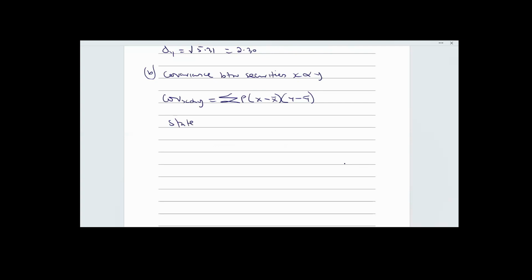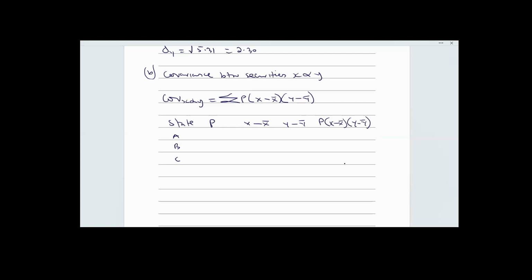There are three states of nature: state A, B, C. I need to create a column for the probability, then a column for X minus X bar, a column for Y minus Y bar, then a column for probability multiplied by (X minus X bar) multiplied by (Y minus Y bar).